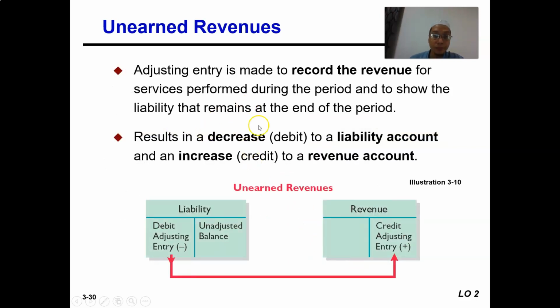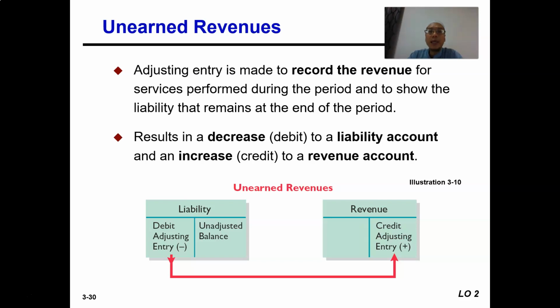In unearned revenues, an adjusting entry is made to record the revenue for service performed during the period and to show the liability that remains at the end of the period. So at the time of recording, when we receive money from our client, we will debit cash because we receive cash, but then we will credit our liability.